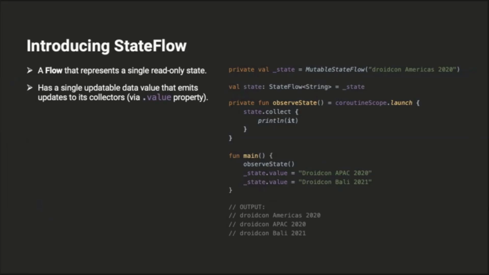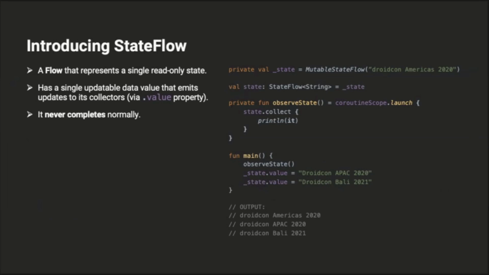And in this example, we are going to print any emitted value. So the main function starts by observing the state, and then we try to update the data twice. And as for the output, it prints the values in exactly the same order they were assigned. One of the most important concepts is the fact that StateFlow never completes normally.